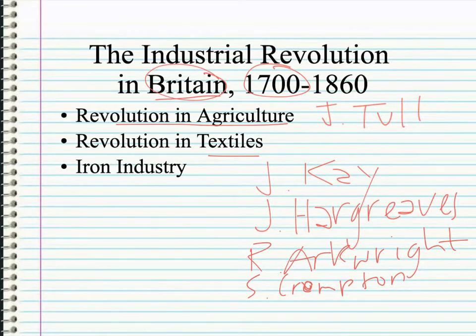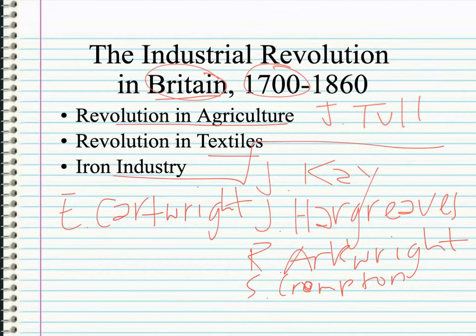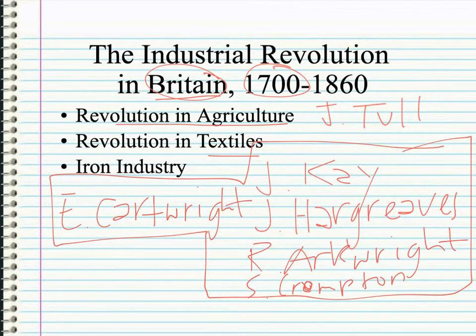And then lastly, the power loom, which was invented by Edmund Cartwright. This used water power to drive the shuttle. And so all of these inventions really made it so that it was so much easier to have textiles produced at home, pretty much.